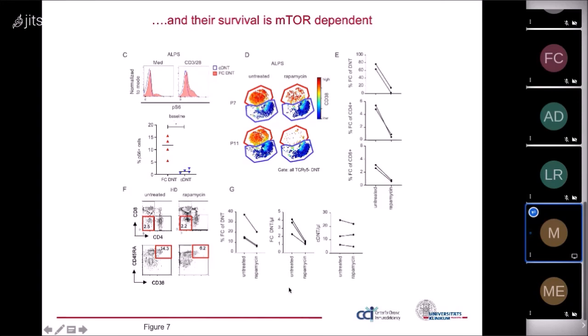We could collect some samples of immunologically healthy individuals with no ALPS, but that were treated with rapamycin for other reasons, mostly actually vascular malformations. And we could see also in these immunologically healthy individuals that giving rapamycin was leading also to a selective reduction in FC-DNT, as you can see here.